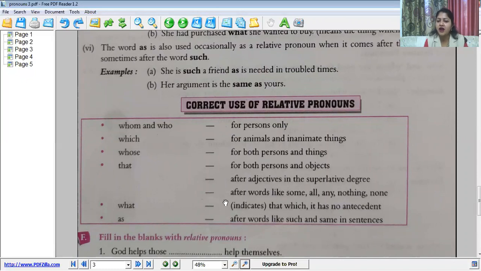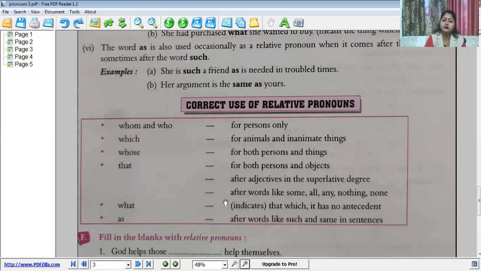It is used after adjectives in the superlative degree and after words like some, all, any, nothing, none. What indicates that which, when it has no antecedent. And the last one, as, after words like such and same.